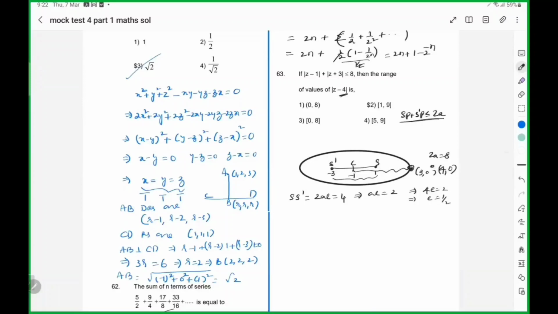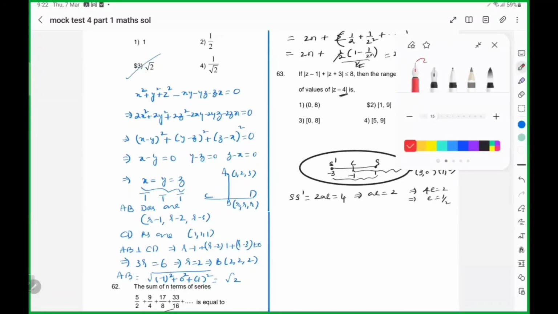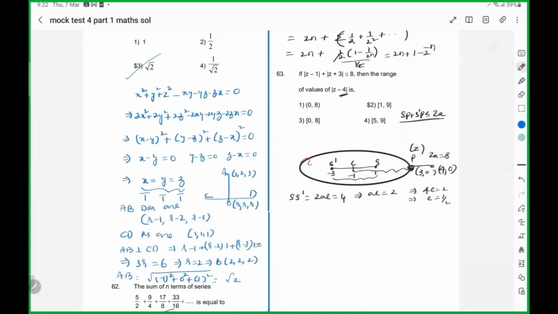If you take Z here, this will be the nearest distance, and if you take Z here, this will be the farthest distance from P. I will write this as A. PA is the shortest distance, which is from 3 to 4, that is AP, which is 1.